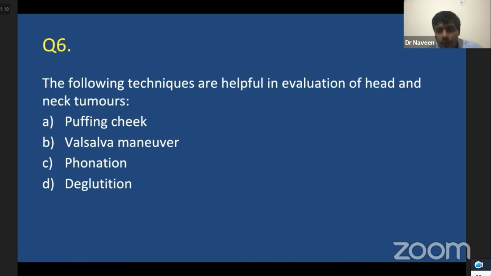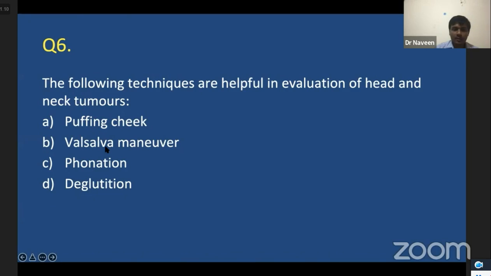Someone has posted A, B, C; puff cheek, B and C. The dynamic maneuvers which are done for head and neck tumors are puff cheek and phonation.